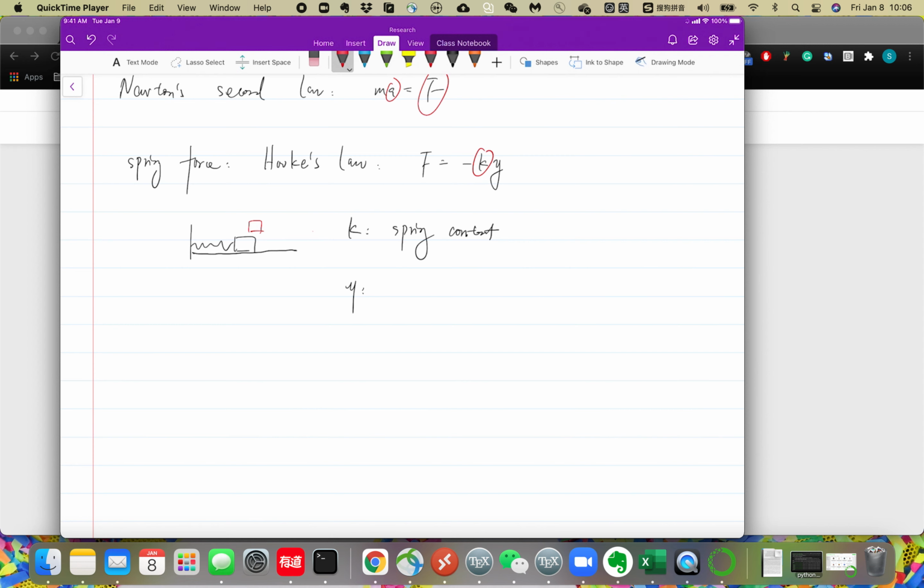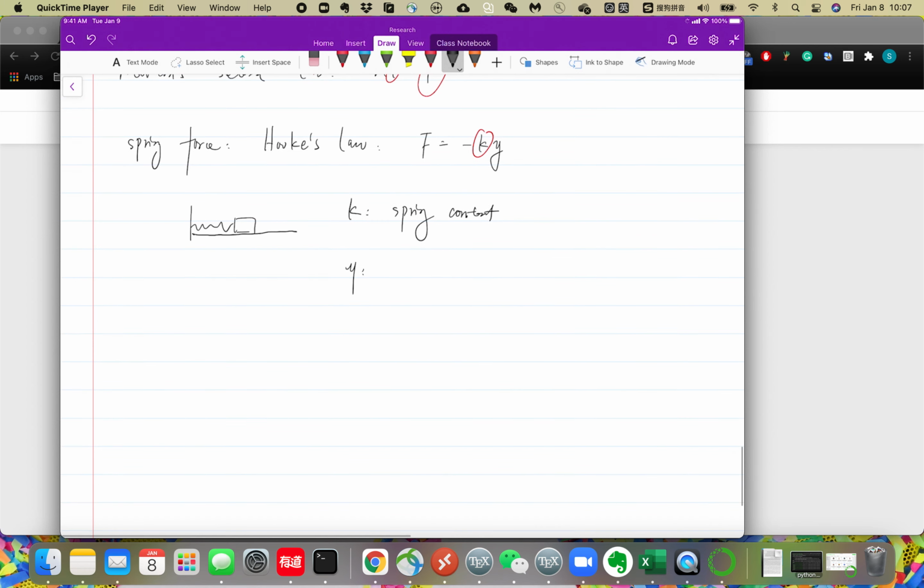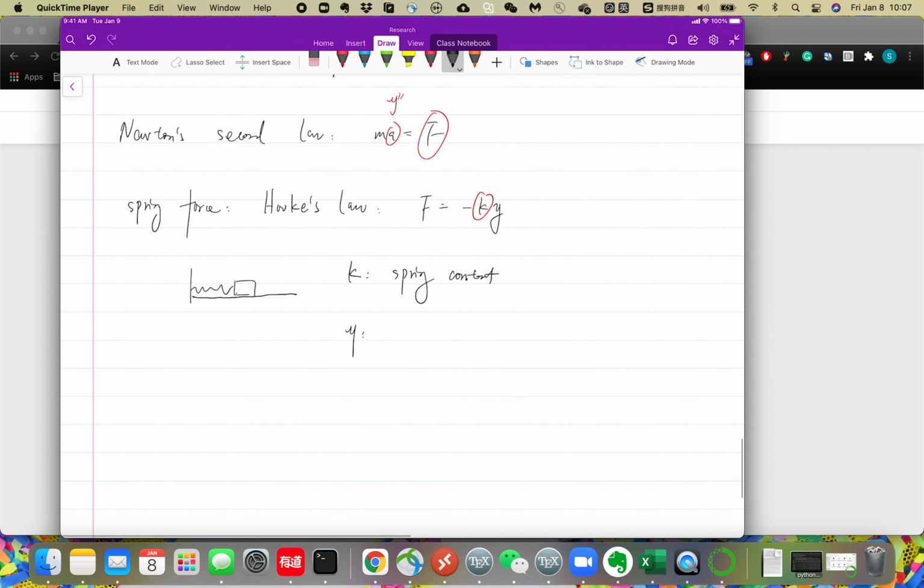But if you stretch that thing to here, you are going to have a very strong force that the spring want to pull you back. Of course, all the assumptions are based on that your displacement is relatively small. If it's big enough, you may break the spring forever. So this one won't apply. So it's settled. The bigger the displacement, the bigger the force.